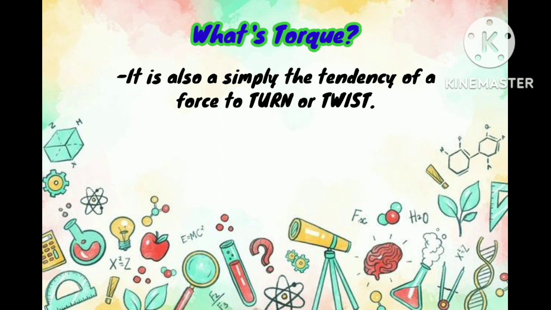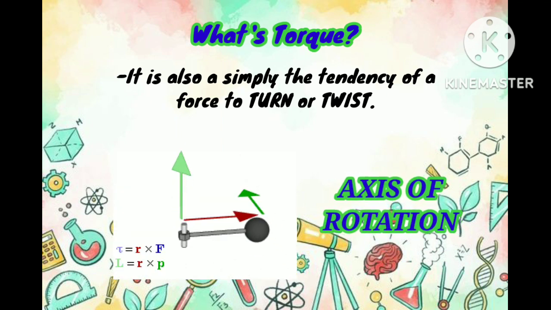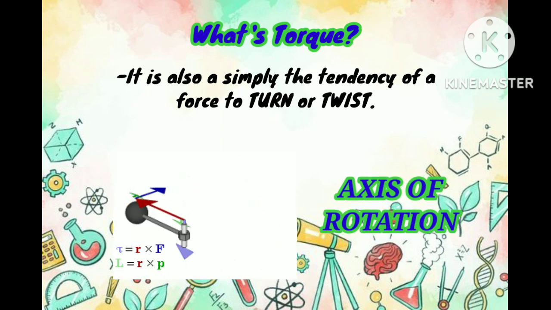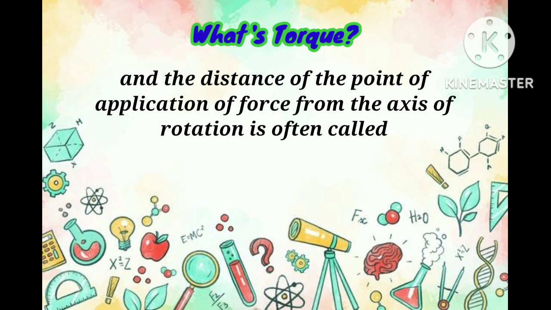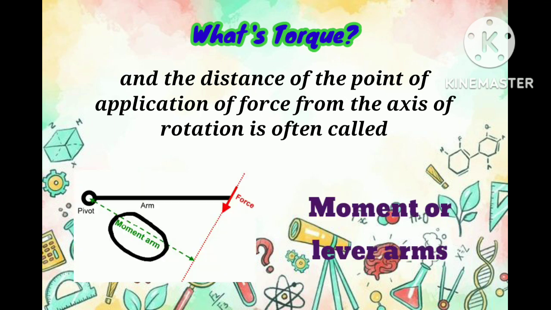The straight line about which the object rotates is called the axis of rotation, and the distance of the point of application of force from the axis of rotation is often called the moment or lever arm.